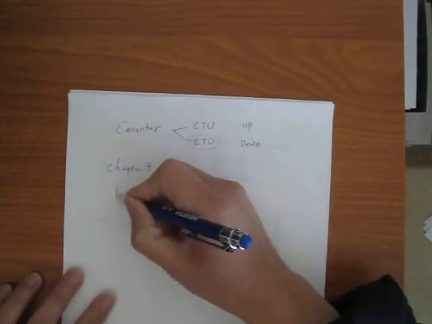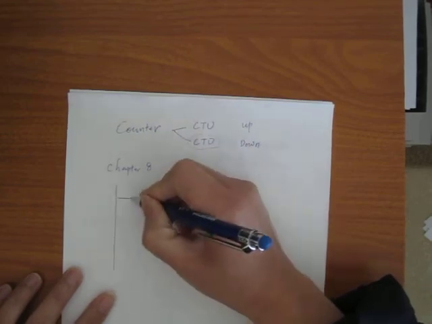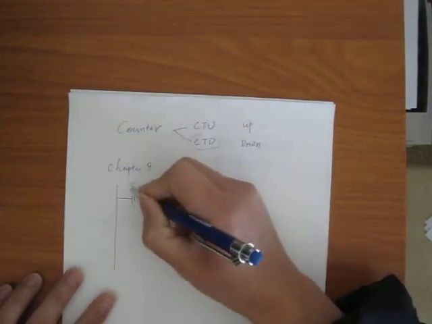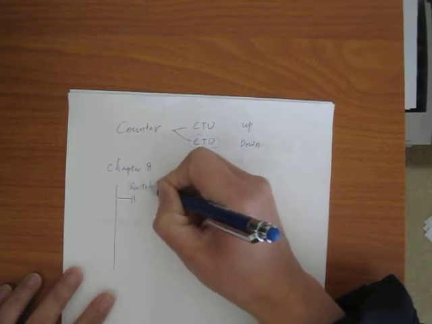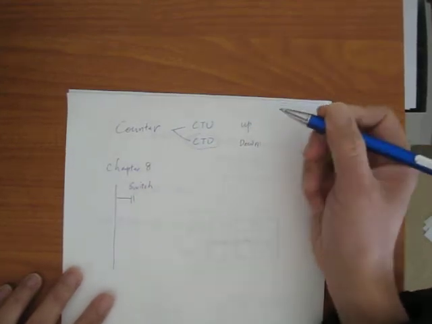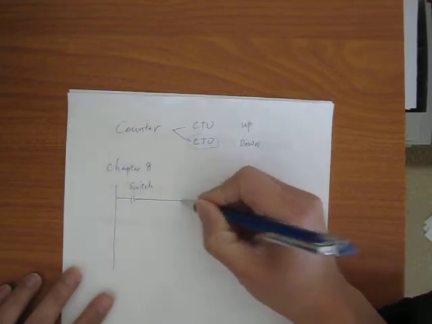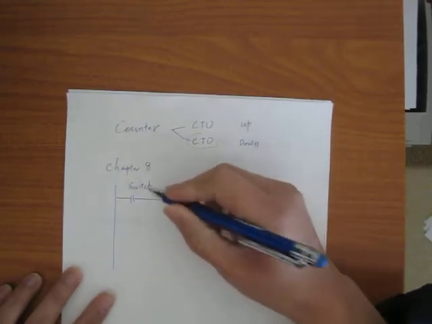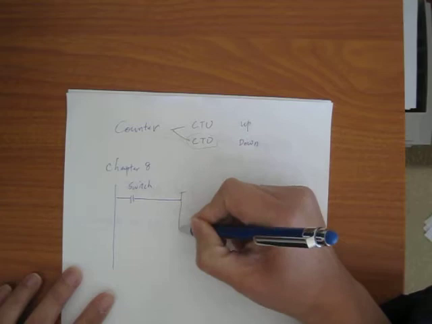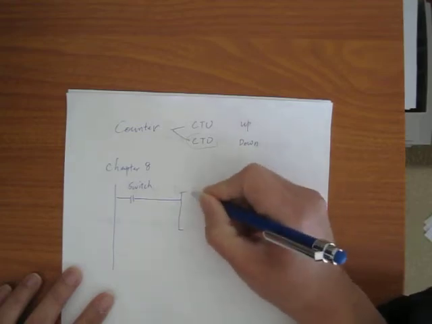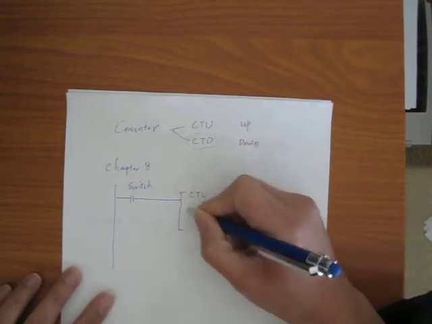Let's say we have a sensor or a switch, like a photo sensor or something like that, and it gave a signal. This sensor gave a signal to this counter, turning on the counter CTU.